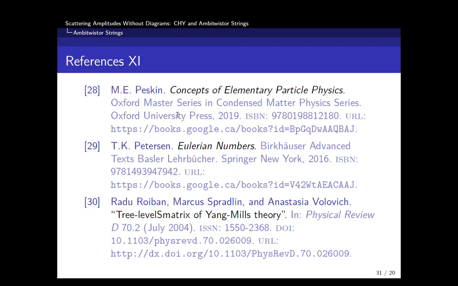The scattering equations at loop level are going to be quite different. For instance, I believe the scattering equations at loop level do contain the loop momentum as well. So yes, there is a description. I think David Skinner and Tim Adamo have nice papers.